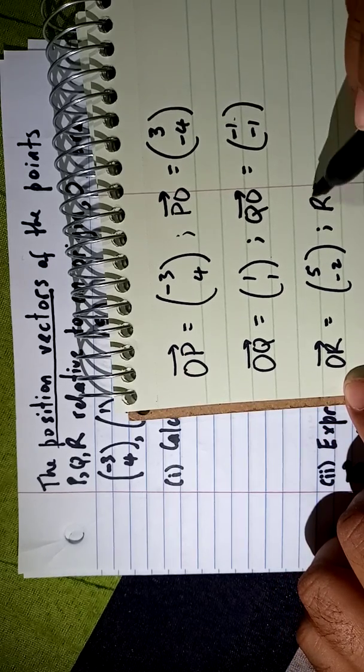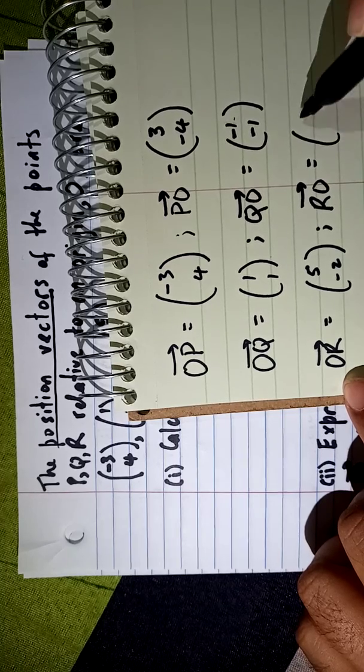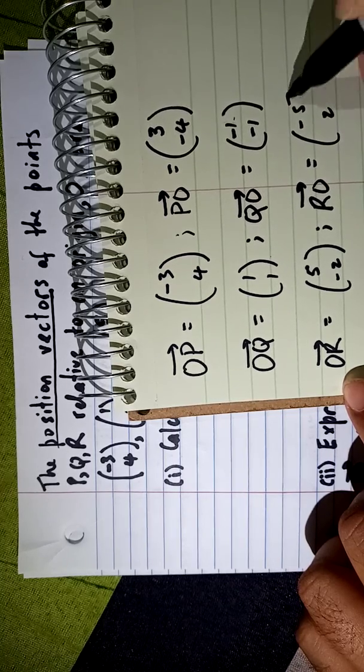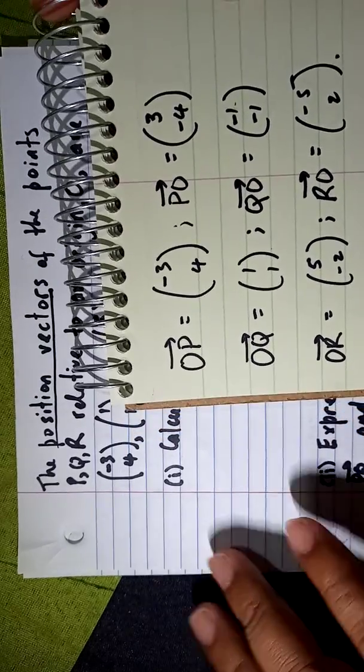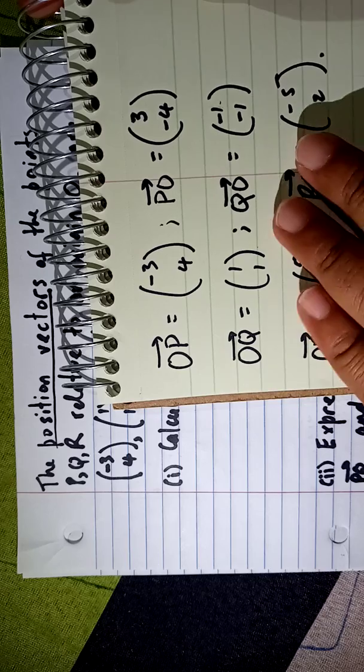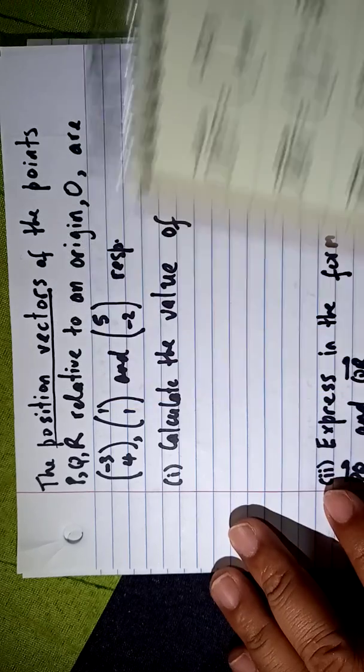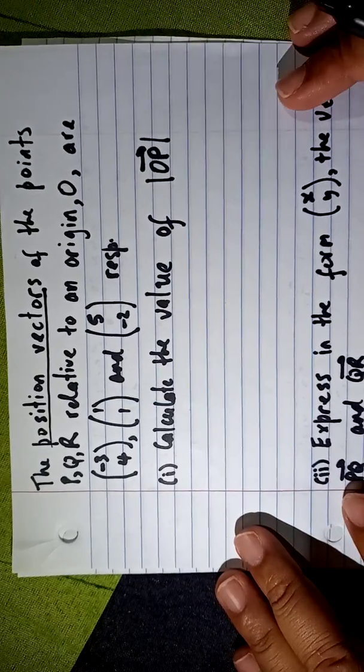The inverse of OR is RO, that's -5 and +2. So we will have this information down for future reference. All right, let's get to the question.